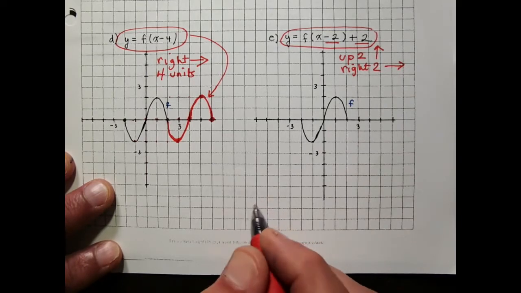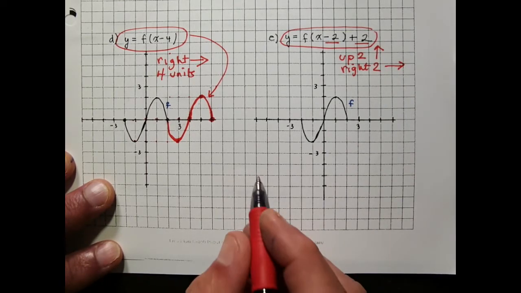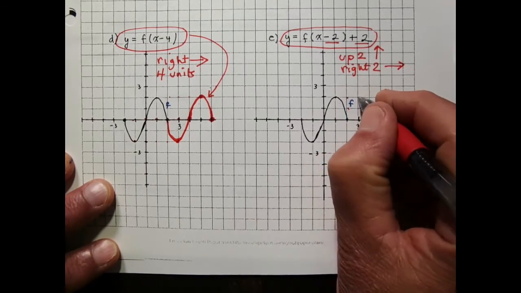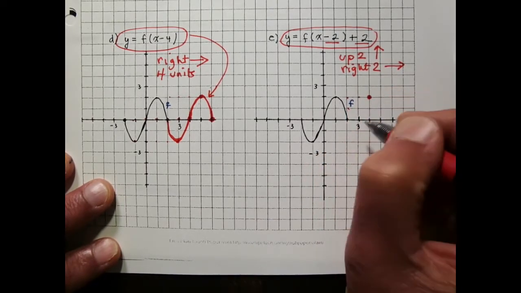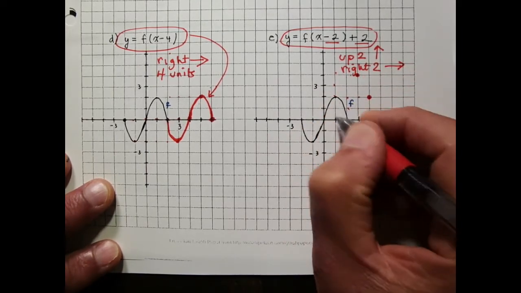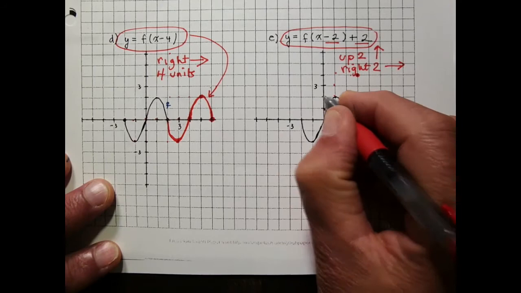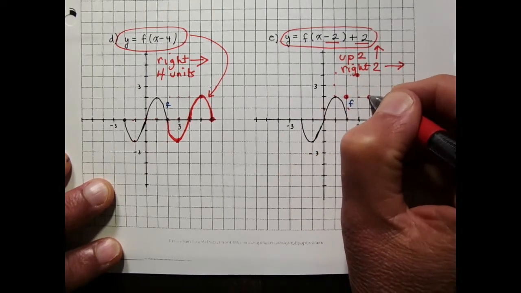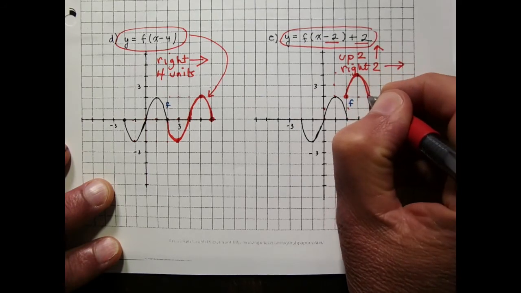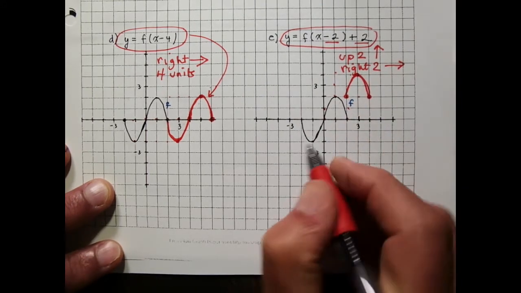And so you're just going to go up and to the right with each point. So for instance, this point here, we want to go up 2 to the right 2. This point here is going to go up 2 to the right 2. The origin point is going to go up 2 to the right 2 to there. So that first sort of peak is going to be in that position.